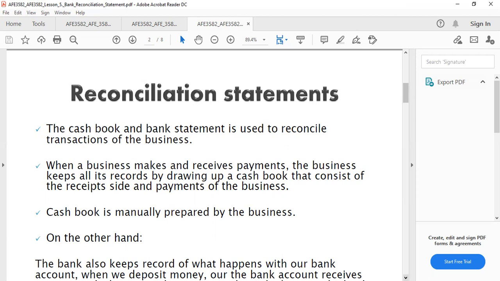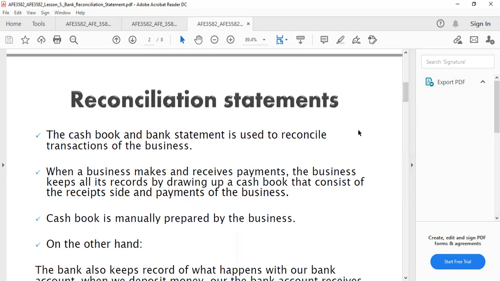At the end of every month, you need to compare your bank statement with your cash book. In cases where those balances are not the same, because they need to be the same, you will need to reconcile them to make sure that they are the same.